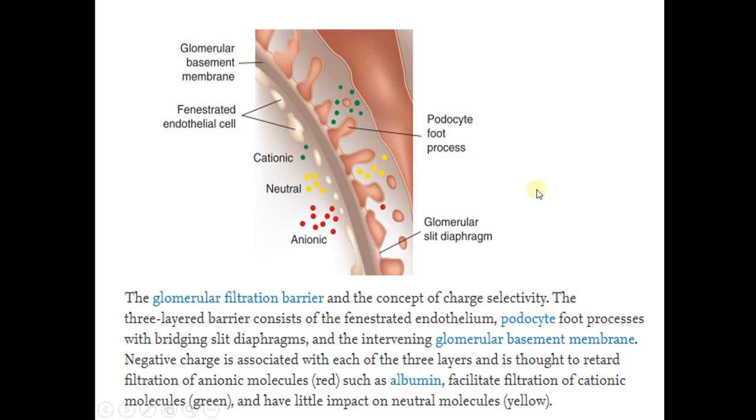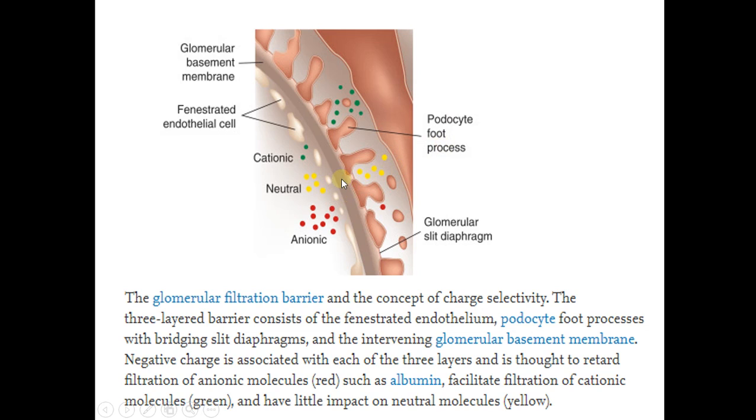Before we go to discuss diseases that affect the glomerulus, let us have a brief review of the glomerular basement membrane, because this is the barrier through which the proteins will pass before they appear in the filtrate and pass in the urine. Normally, this glomerular basement membrane does not allow proteins and red blood cells to pass through.